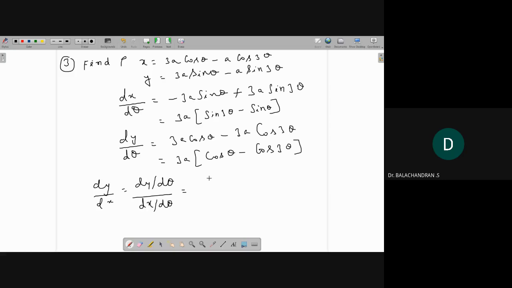So dy by d theta is 3a into cos theta minus cos 3 theta, divided by dx by d theta, which is 3a into sin 3 theta minus sin theta. For the numerator, you should use the cos c minus cos d formula. For the denominator, you should use the sin c minus sin d formula. So 3a gets cancelled.